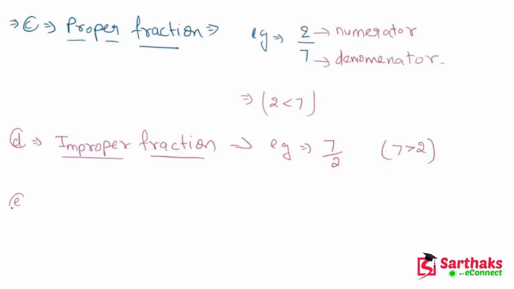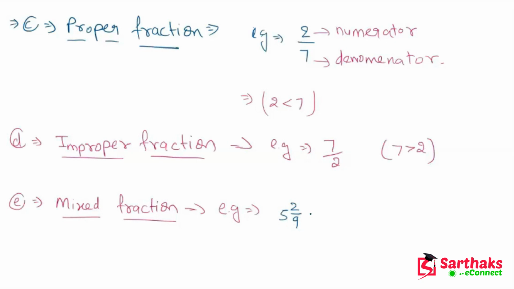Next is mixed fraction. What is a mixed fraction? My dear friends, a mixed fraction consists of an integral part as well as a fraction part. Let's suppose we have 5 and 2 upon 9. This is a mixed fraction.